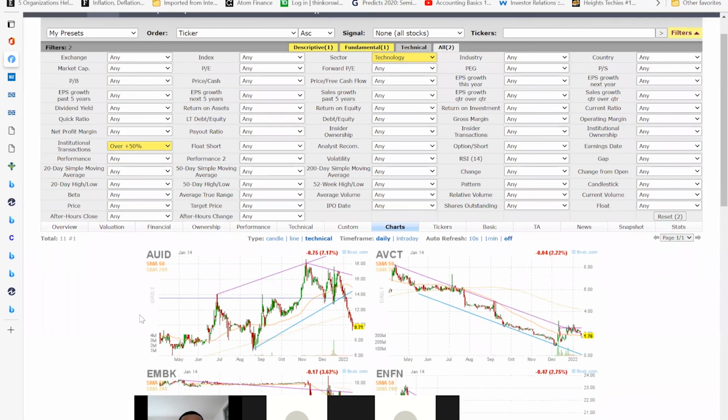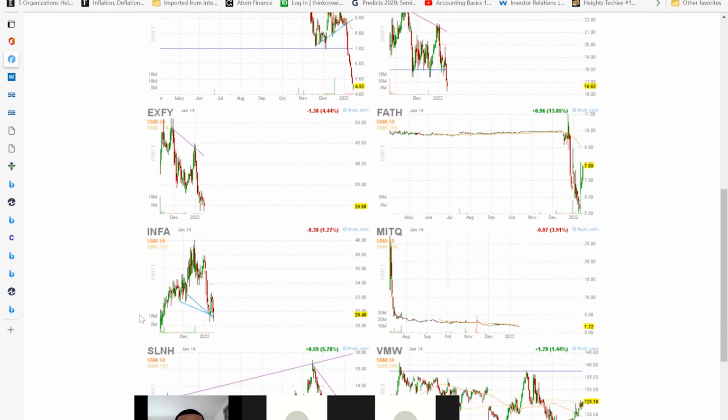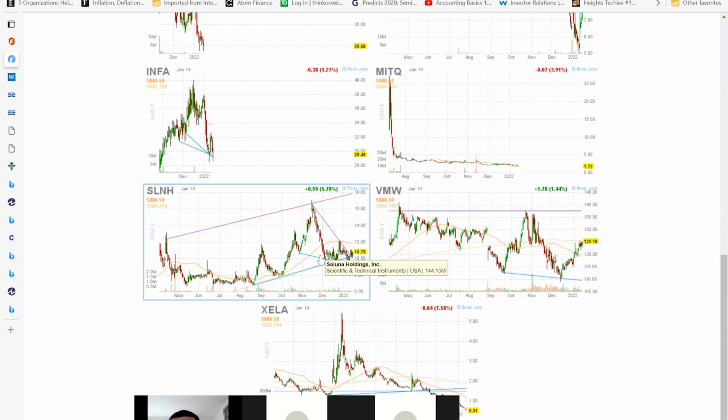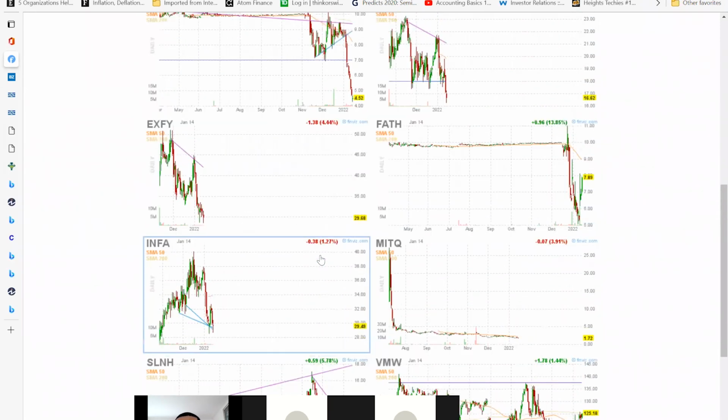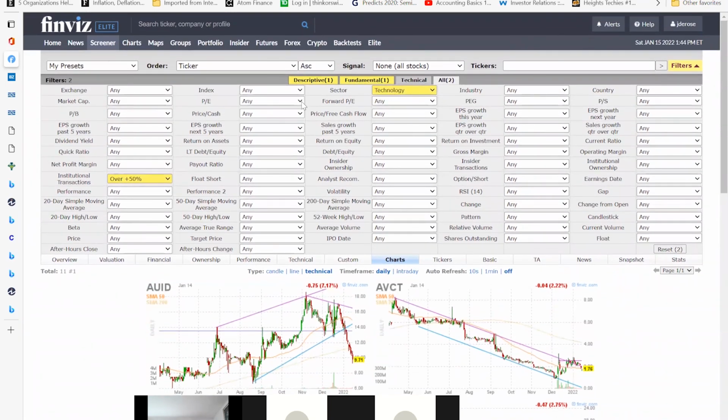That means institutions are hungry for this stock, and even though all these charts are down, I would still go through each single one of them, just because if institutions are buying these things up, there must be something going on in these companies. So yeah, I think you just got to ask yourself what your goal is, and if that's what you want, you just got to set that metric and go through them.